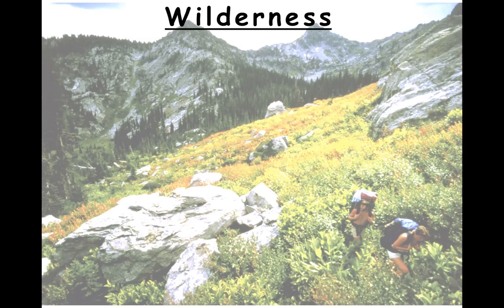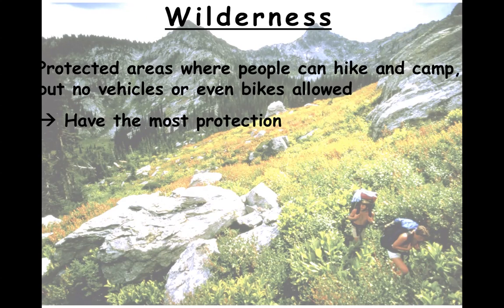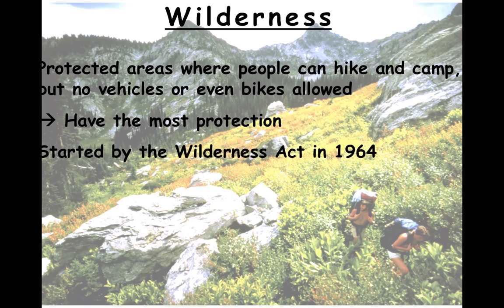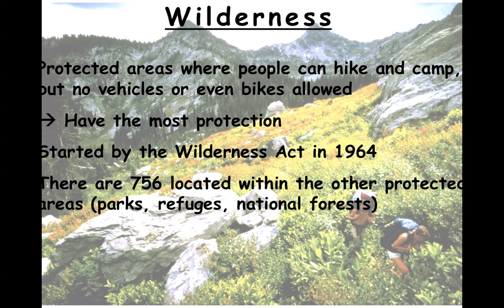Okay, and then the last designation is called wilderness, and these are the most protected. And these are where people can hike and camp. There aren't even any bikes or vehicles allowed at all. So these have the most protection. They were started by the Wilderness Act in 1964, and there are quite a lot, but they're very small in terms of their area. And you can see how the time that they were established is much later than all the other protected areas.